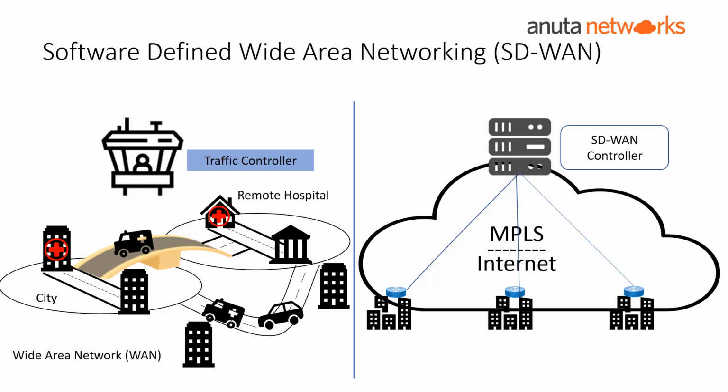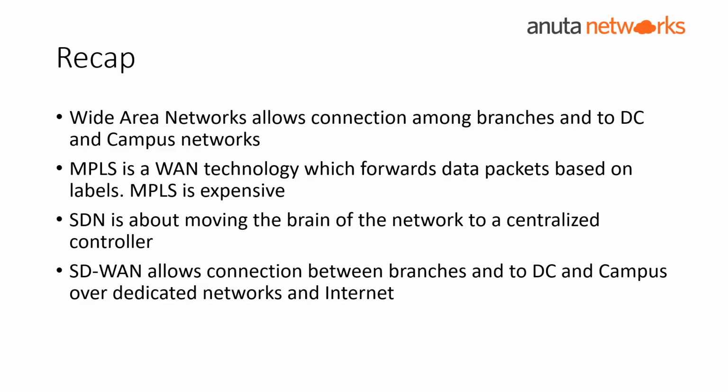It also provides direct internet access to the branch offices without having to go all the way to the data centers for the internet connectivity. To sum up, branch to branch connectivity, branch to campus and data center can be done using SD-WAN, utilizing the services of MPLS and internet, thus providing the best of both worlds.